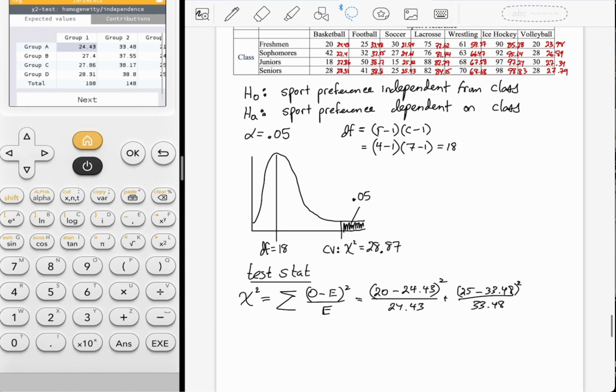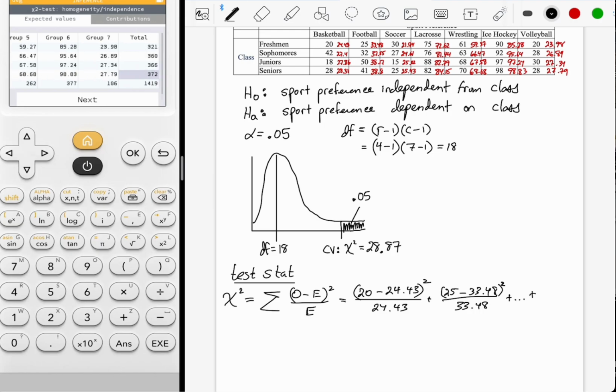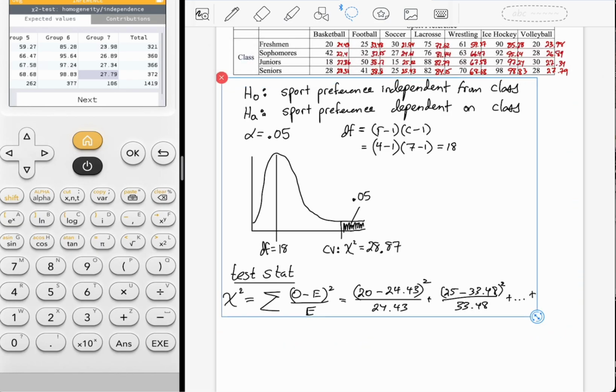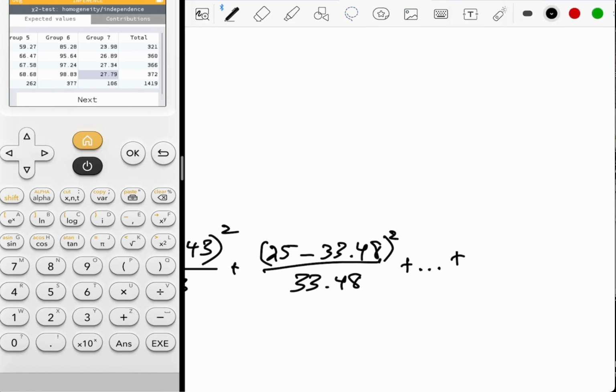So I got the 1, 2. Now I'm going to skip a few. And by a few, I mean everything except for the last one. So plus dot, dot, dot, plus 28 minus 27.79 squared over 27.79.